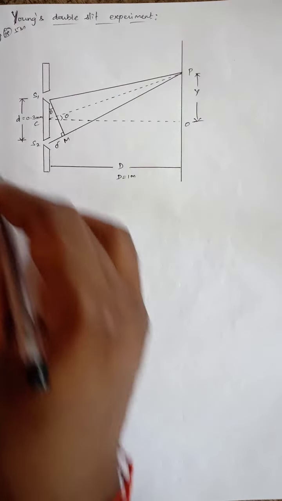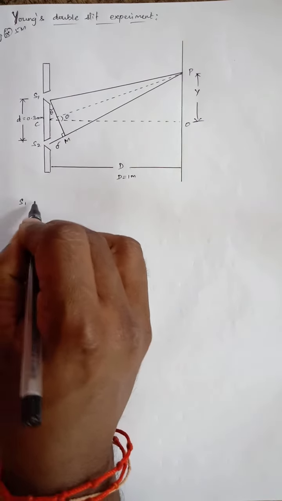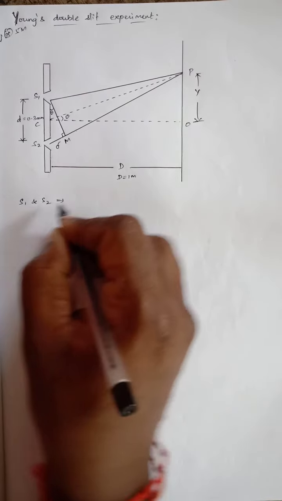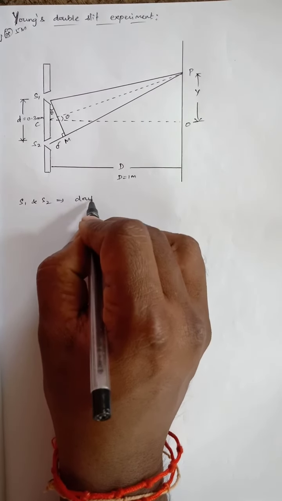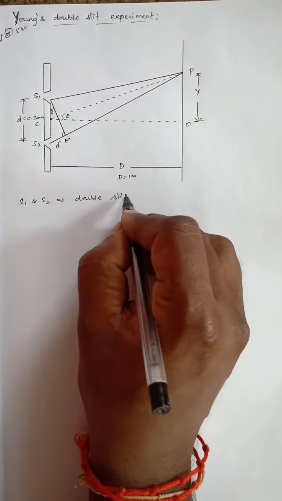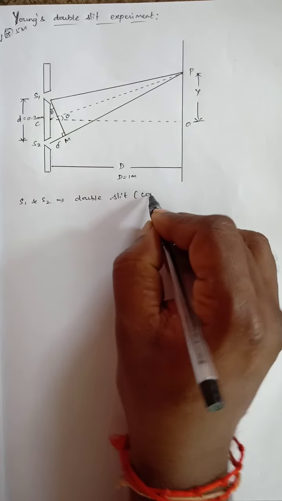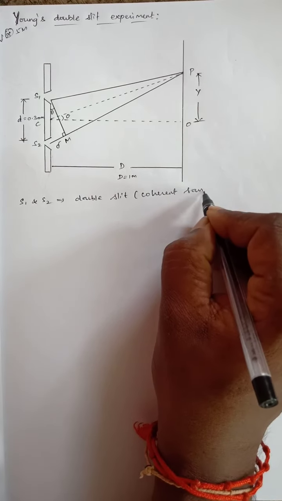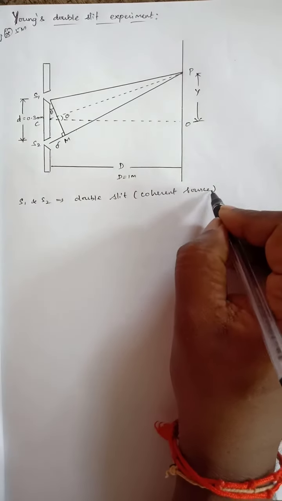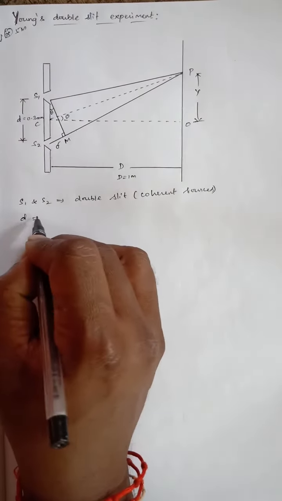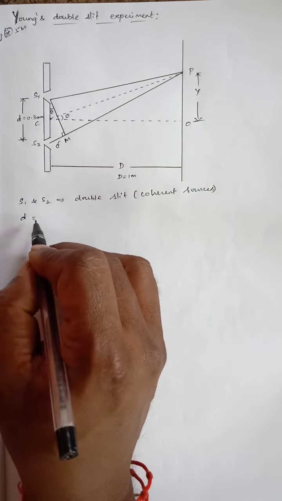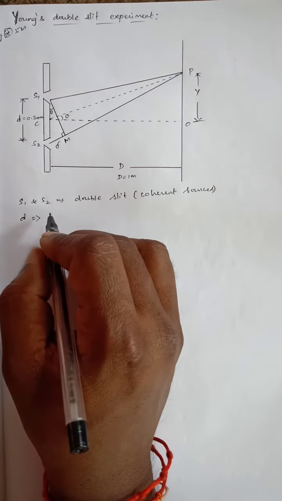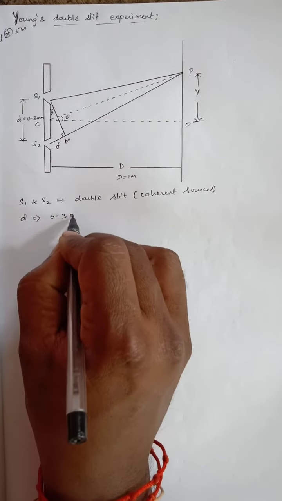First I write the points here. S1 and S2 are double slits producing coherent sources of light. Second, small d is the distance between the two slits, and its length is 0.3 millimeter.